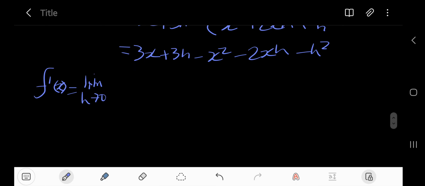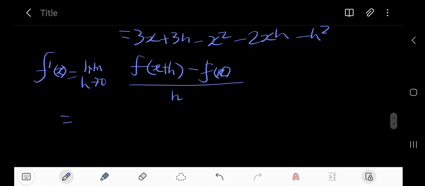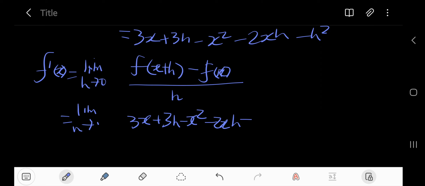This limit as h approaches 0, and then f of x plus h minus f of x over h. So equal to, let's replace now, limit as h approaches 0, f of x plus h, we have it there as 3x plus 3h minus x squared minus 2xh minus h squared.